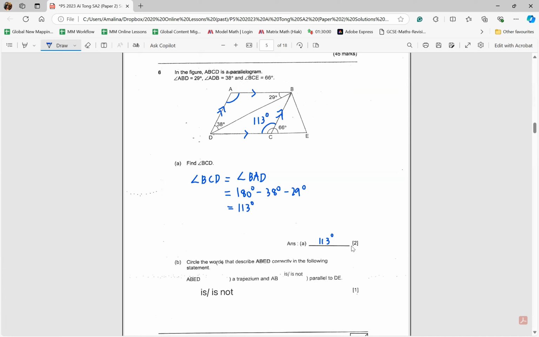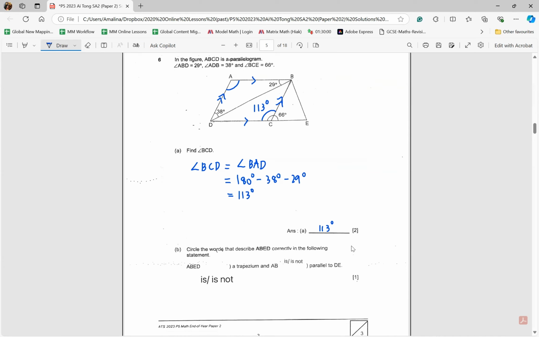So if I look at these two angles, this is 113. If I take my 113 plus 66, I will not get 180. So this is not a straight line. Okay, you cannot assume it's a straight line.